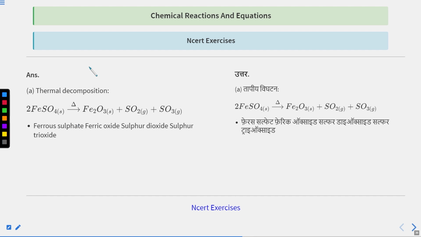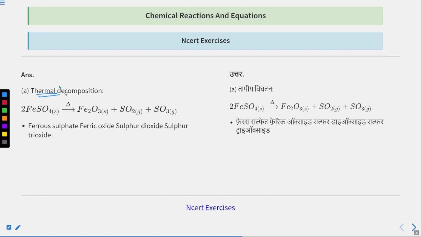An example of thermal decomposition is ferrous sulfate, FeSO4. Upon heating, it forms ferric oxide plus SO2 and SO3 gases. I hope you are getting this concept.